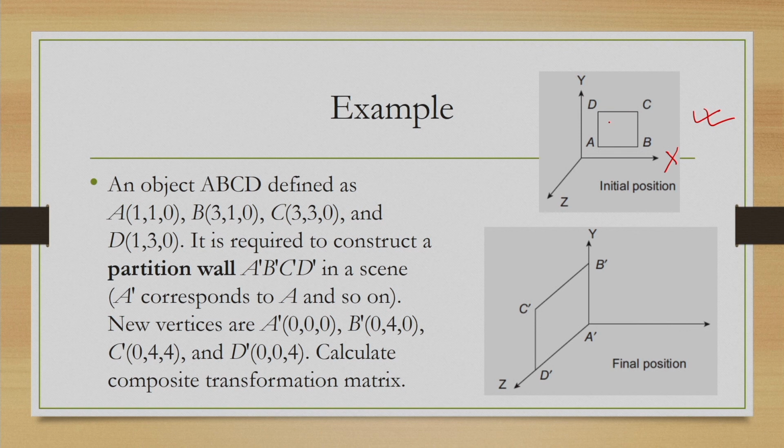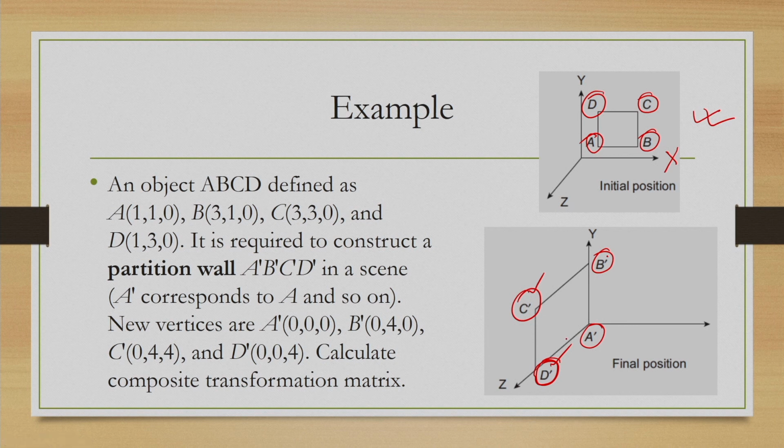Now, we want to use this particular object to construct a partition wall defined by the vertices A dash, B dash, C dash and D dash in a scene where A dash corresponds to A, B dash corresponds to B, C dash corresponds to C and D dash corresponds to the vertex D.